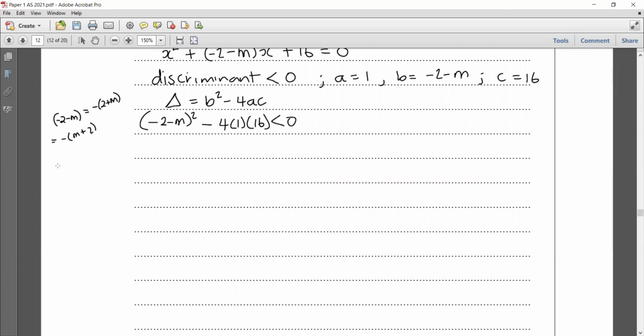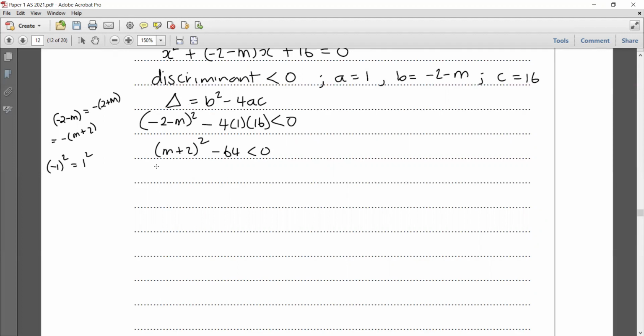Okay, and we know that if I have negative 1 and I square it, this is the same as 1 squared because the negative goes away. So this negative 2 minus m, I can just write this as m plus 2 squared, and then negative 4 times 1 times 16, this is negative 64. So this is less than 0.